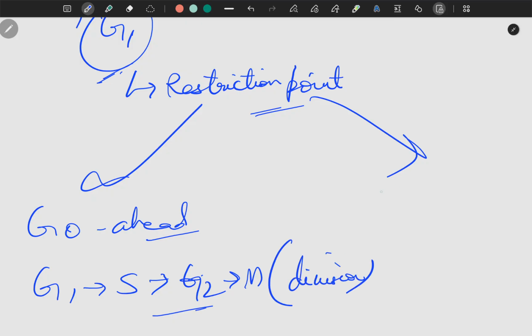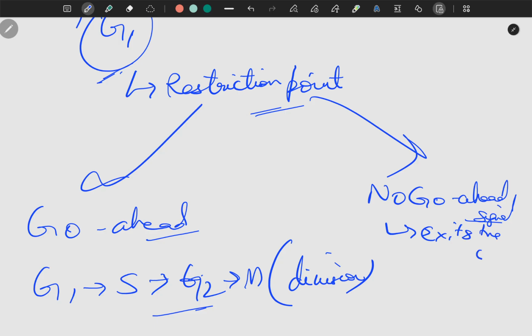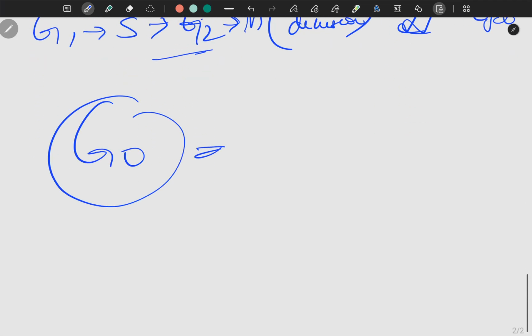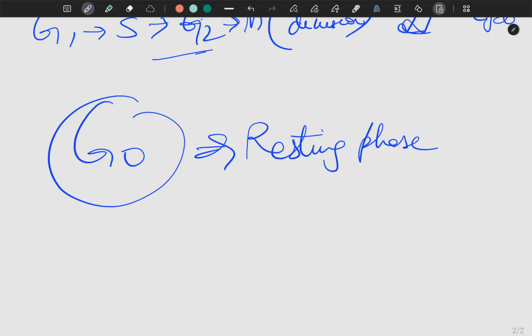However, if it doesn't receive a go-ahead signal, it exits the cell cycle and goes into a phase called G naught, also called the resting phase. Permission granted, we can divide. If permission is denied, you should rest.